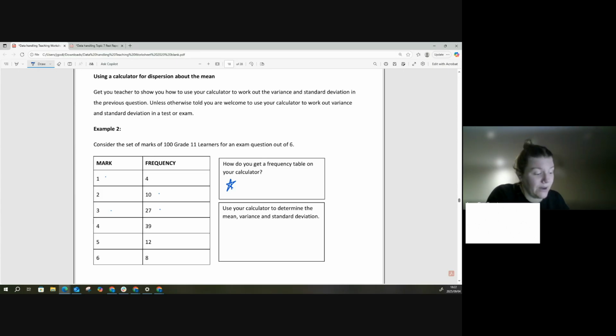Now we've already put our calculator into stats mode, into frequency mode. If you hadn't done that already, all you need to do on your calculator is go Shift, Mode, and go to Stat.